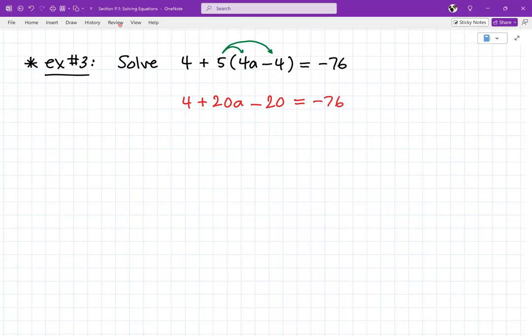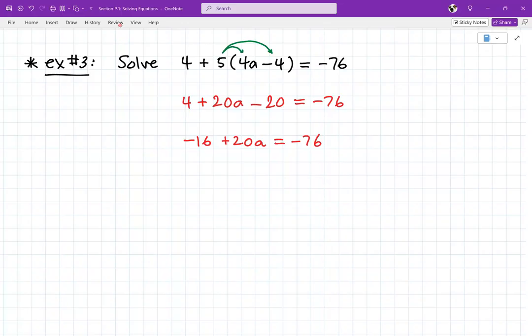Now you're going to notice on the left side, I have a 4 minus a 20. 4 minus 20, that's a negative answer, negative 16 plus 20a equals negative 76.